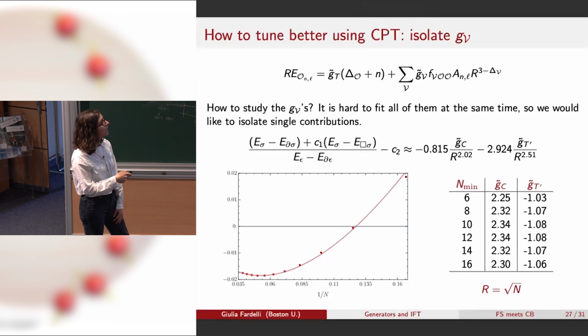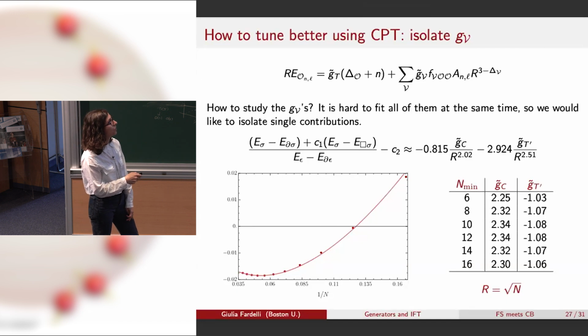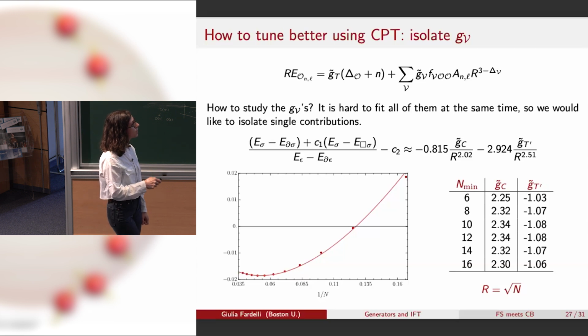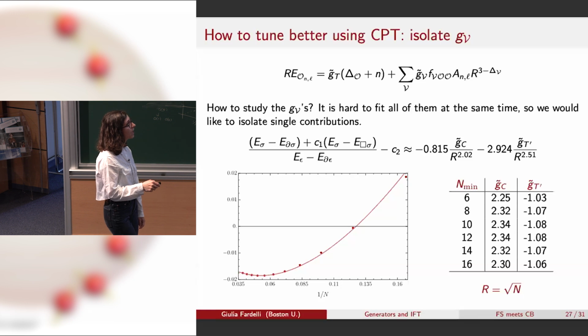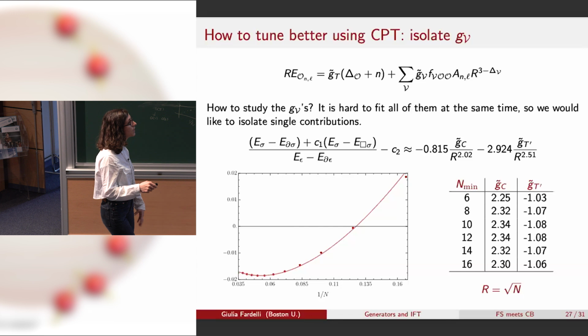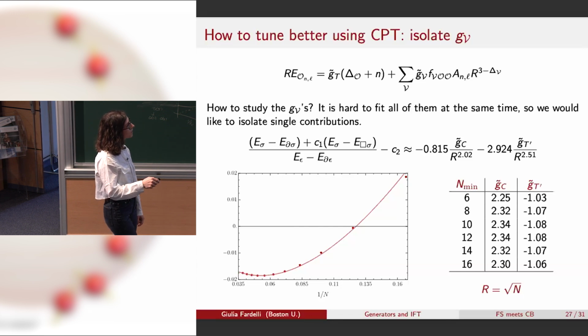And this is what we get when we compute this kind of combined observable. This is a plot of this quantity versus 1 over n for different values of n. Here I'm plotting the result that we get from the fit, in which I include either all the n that go from 6 to 26, or less and less points.